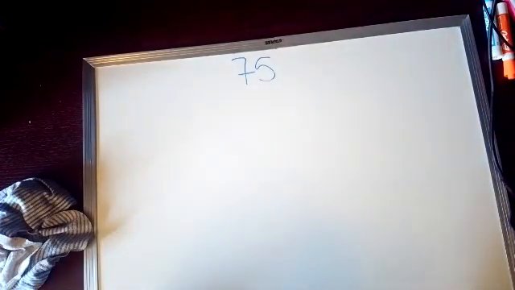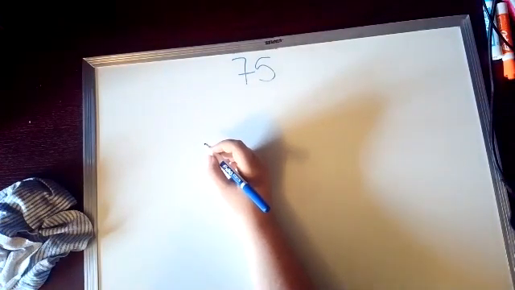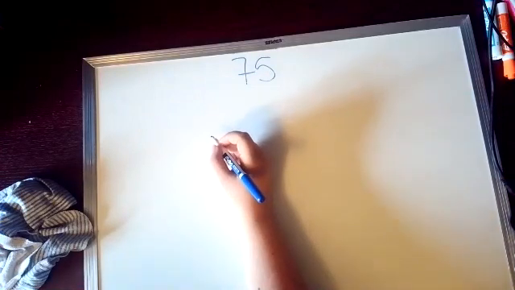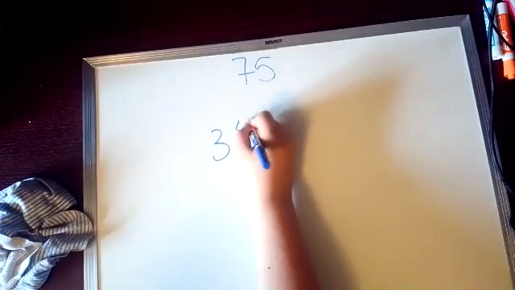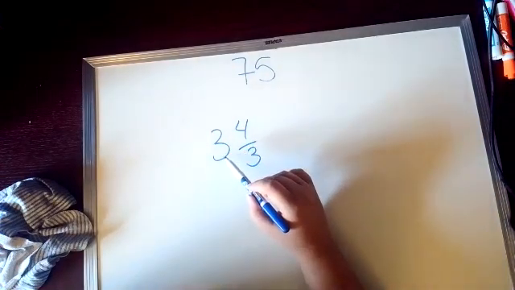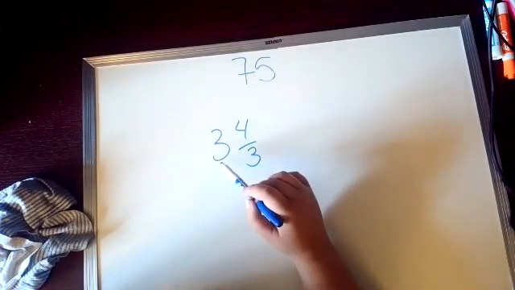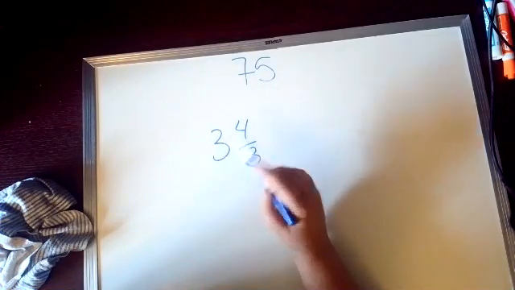Now, if you're starting with a mixed number that also has an improper fraction in it, for example, if you have 3 and 4/3, okay? Now, this one already has a whole number, which means that when we make a whole number or 2 whole numbers or however much we're going to make out of the fraction, we need to make sure we add that to the whole number we already have.